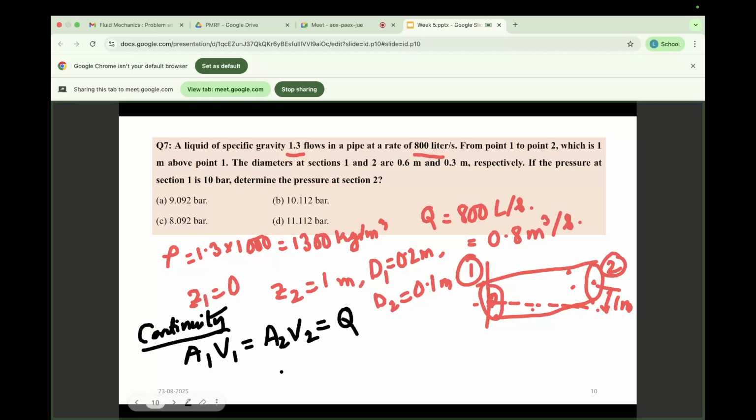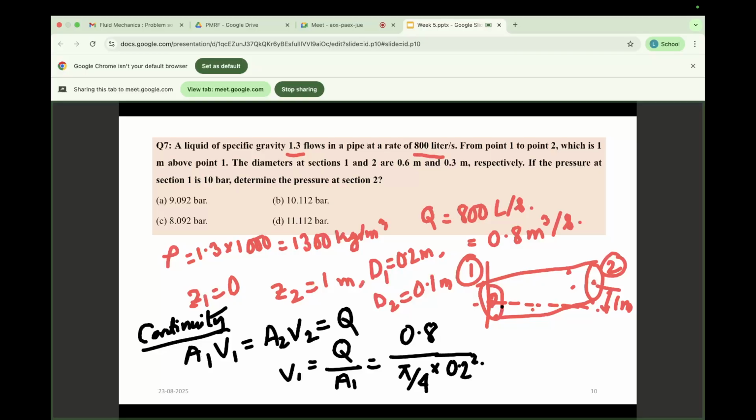So from here I can find out V1 equal to Q by A1, right? So what is the Q? Q is 0.8. Area, since it's a circular section, area means pi by 4 D squared. What is the area of this section? It's a bigger section, right?